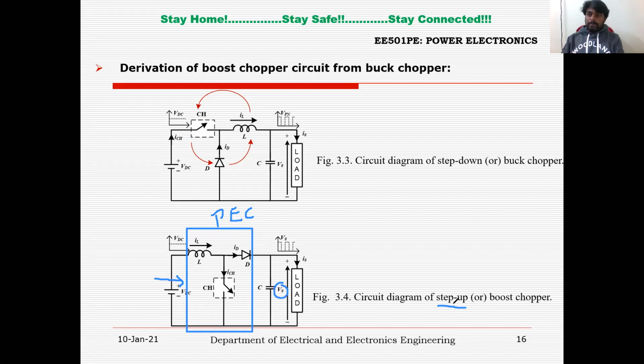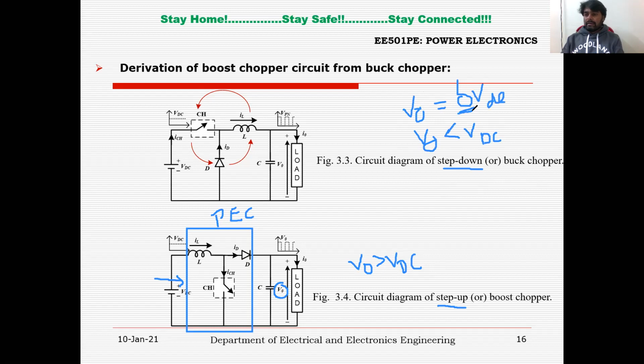In case of a step-up chopper, the output voltage is more than the input voltage, whereas in case of a step-down chopper, the output voltage is less than the input voltage. We derived that the average output voltage is the duty cycle times VDC. The duty cycle is the ratio of T_on upon T, which is always less than 1 and varies from 0 to a maximum of 1.